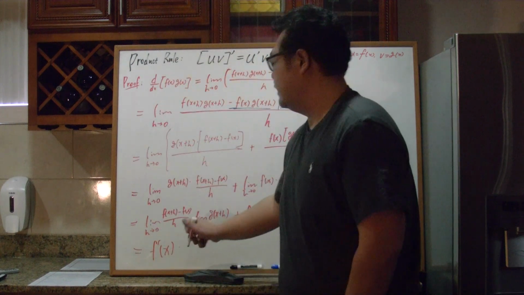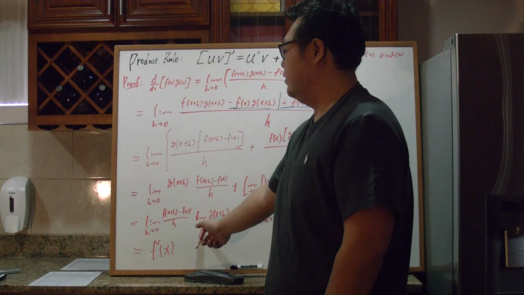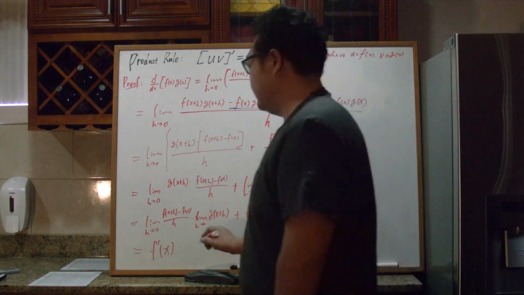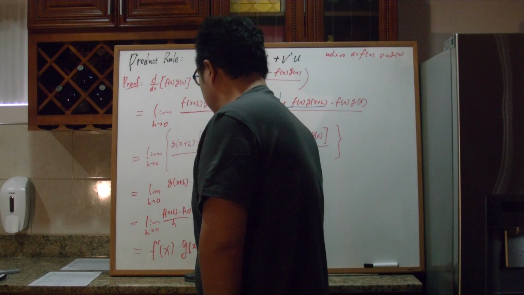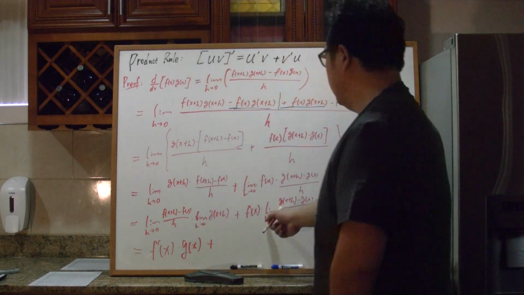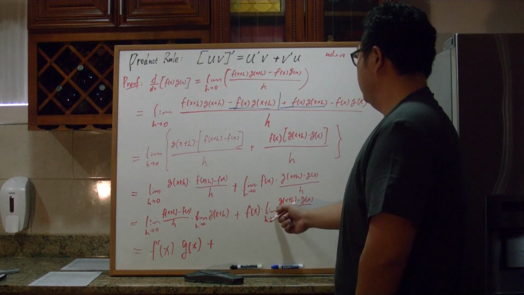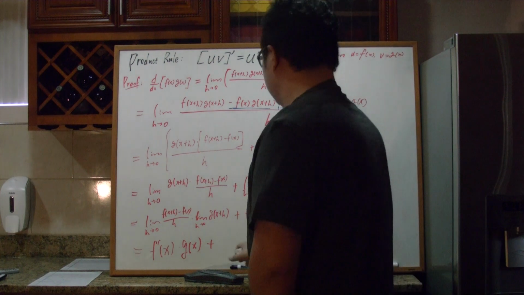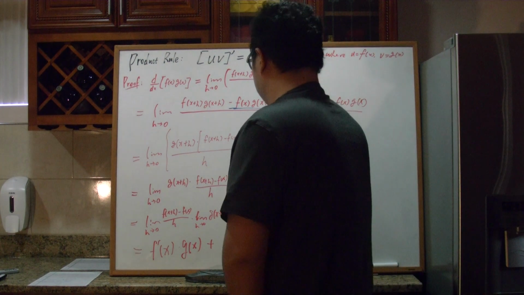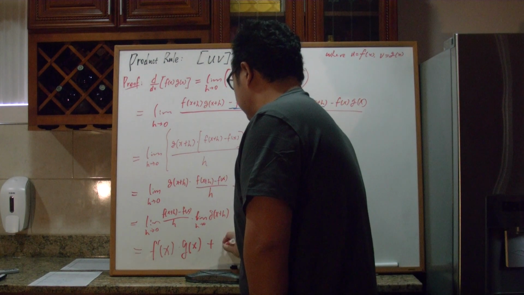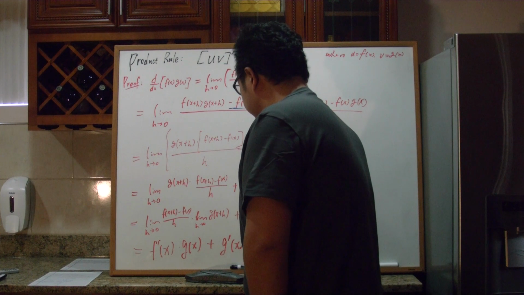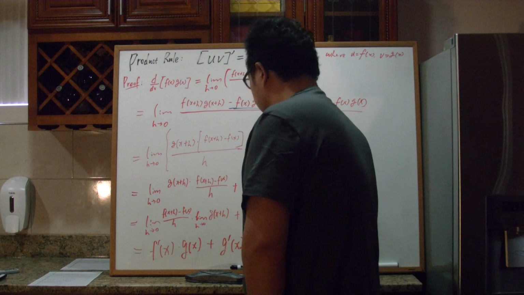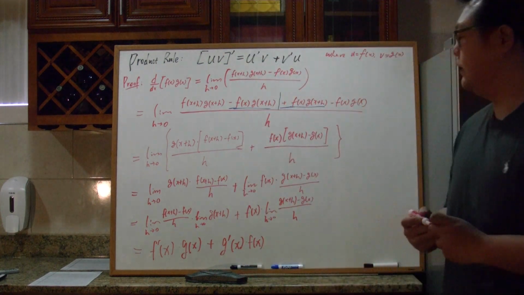And what we get, the limit as h approaches 0 of g of x plus h is the same as g of x. And this one, if we revise the order, that will be f of x times g prime of x, or g prime of x times f of x.